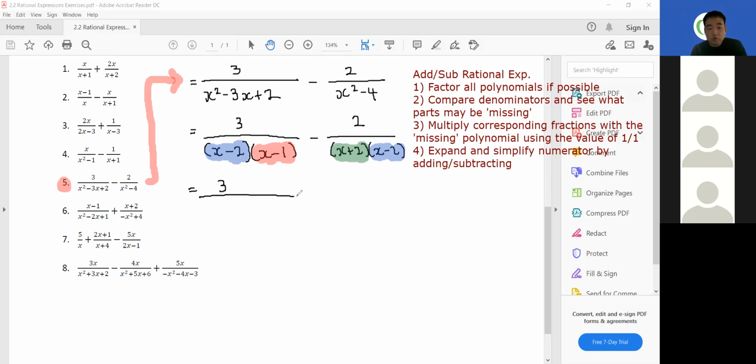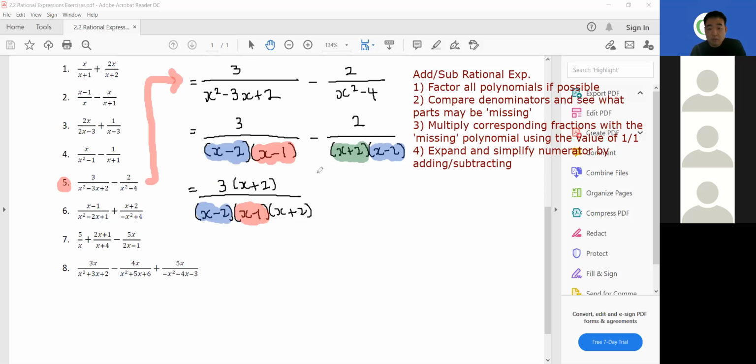3 over x minus 2 and x minus 1. And the right fraction needs x plus 2 from the left. So again, color coordinating. X minus 2 was originally there. X minus 1 was originally there.